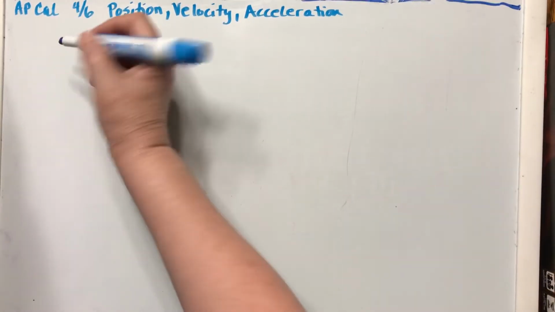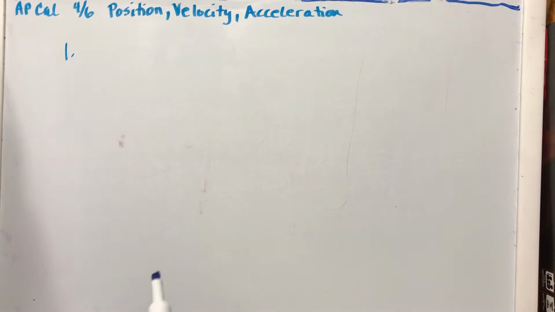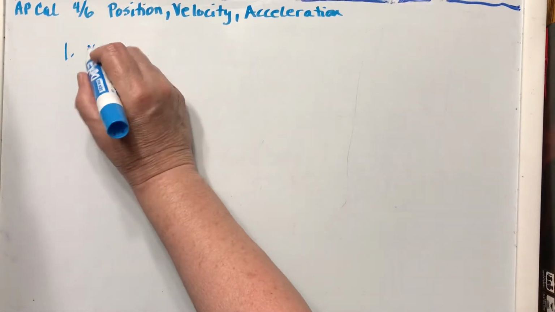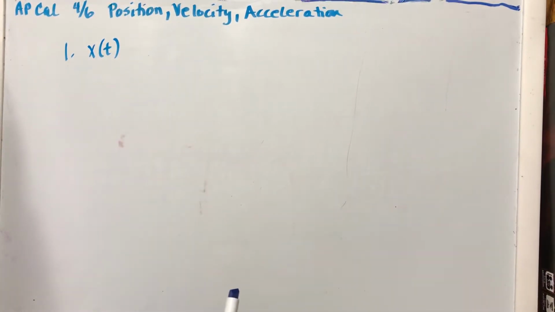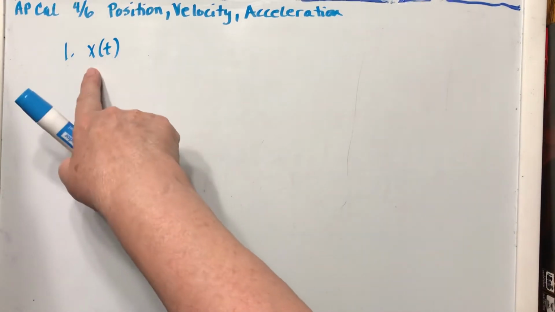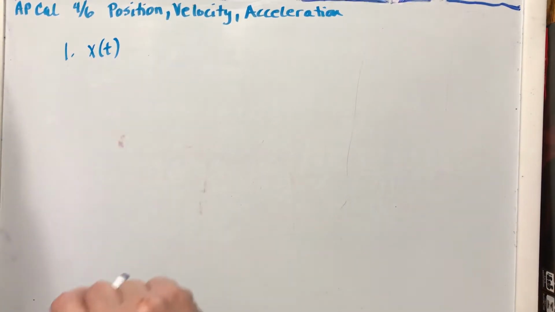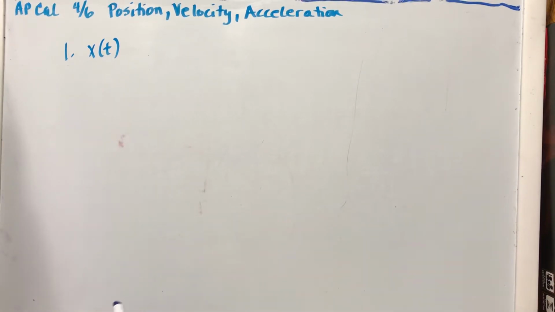All right, so number 1 on that shared document says if the position of a particle at time t is given by the equation x of t, and students hate that they use x as the name of a function, but that's often what they'll use, or sometimes on the AP exam, s of t.